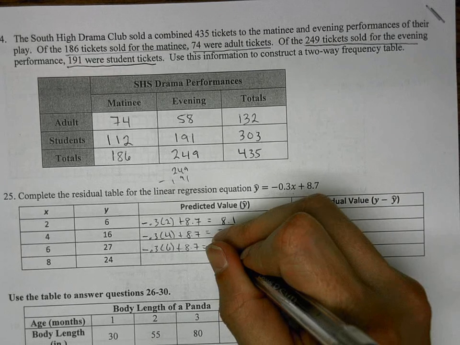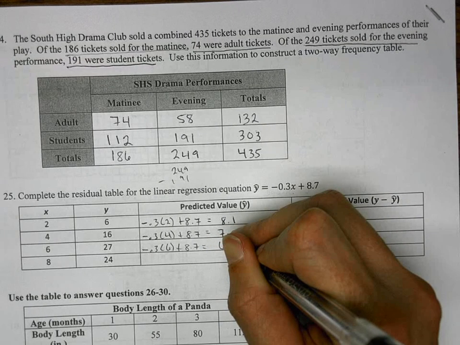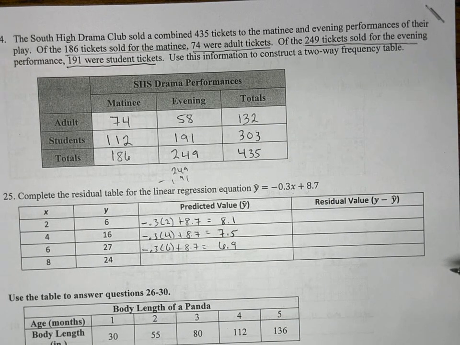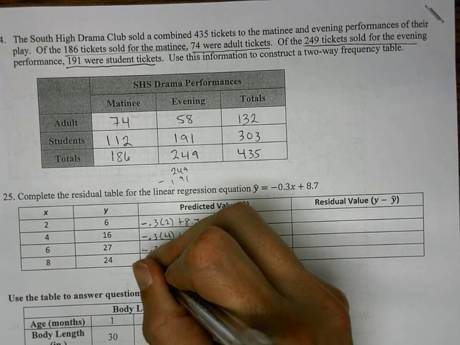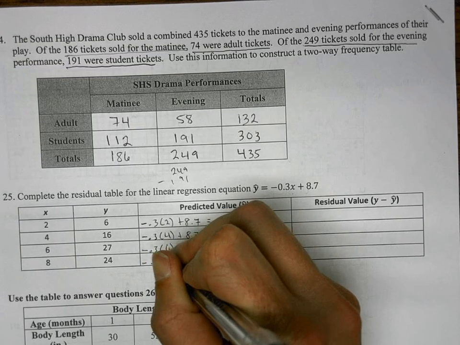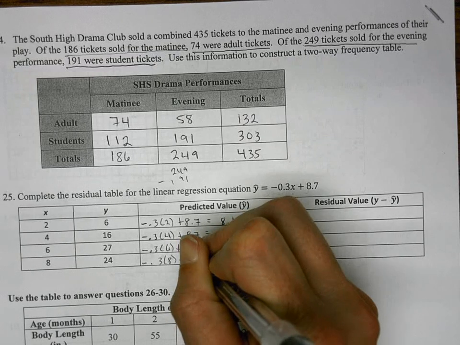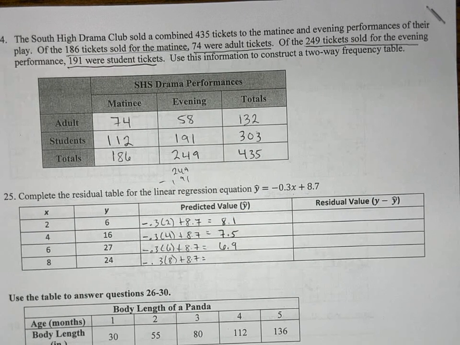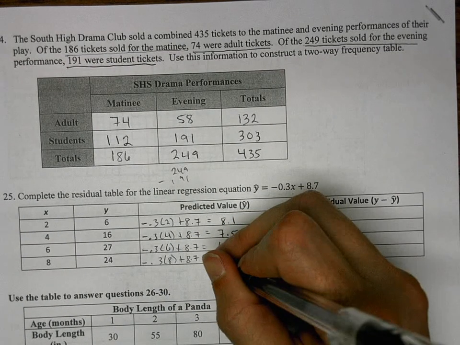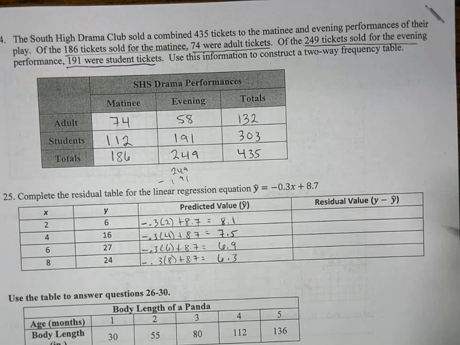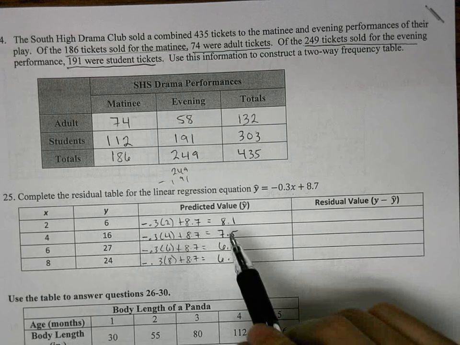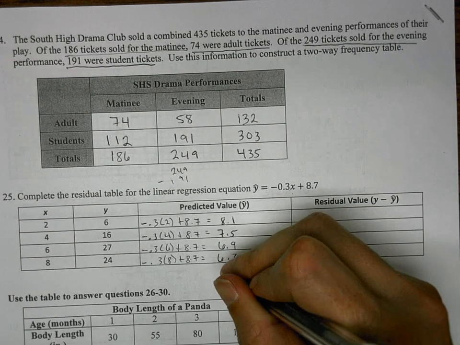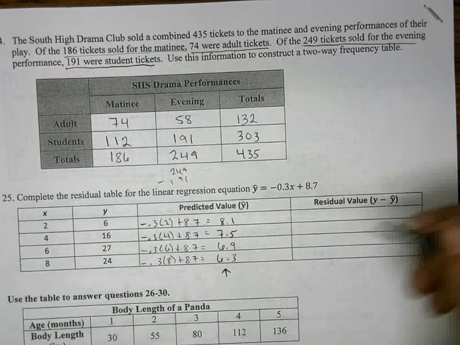This is 6.9. And negative 0.3 times 8 plus 8.7 comes out to a 6.3. So these right here are all of your predicted values. That's what we predict would happen.